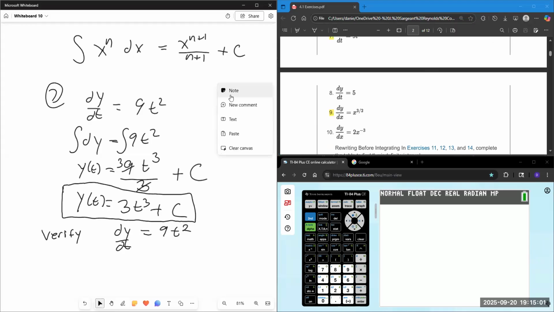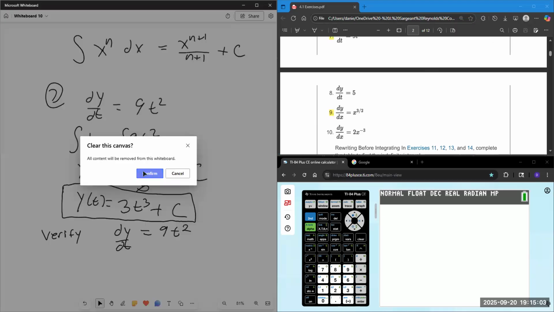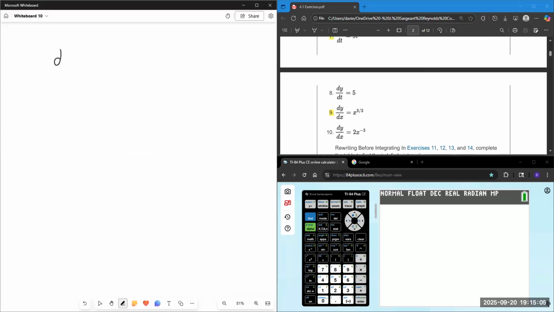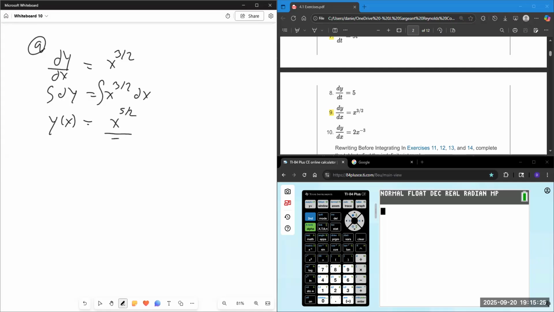All right. Let's look at number 9. dy dx is equal to x to the 3 halves. So again, split our differentials and integrate both sides. Y of x is equal to x to the 3 halves plus 1 is 5 halves. Divide by that 5 halves. We don't like to divide by a fraction.